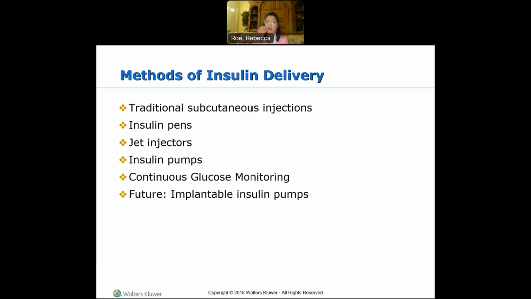Insulin pumps, you can also use IV pumps that are specific to setting up insulin drips, but insulin pumps are different than that. Those are small cassette loaded devices that are preloaded and set for prescription based on the doctor's orders. So the future is to have implantable insulin pumps, and we'll see how that goes.